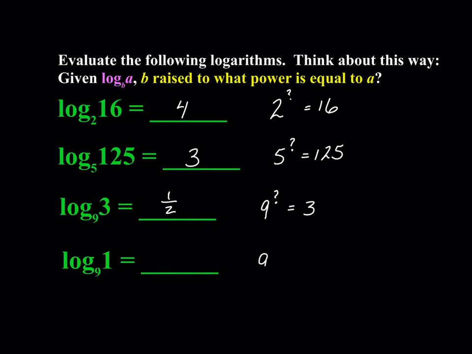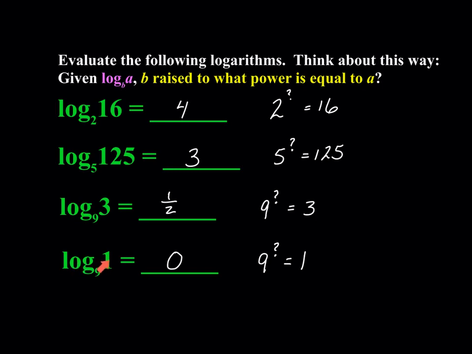And the last one is 9 raised to what power is equal to 1. And that would be the 0 power. Now, one of the things you need to think about on this one is it really does not make any difference what your base value is.